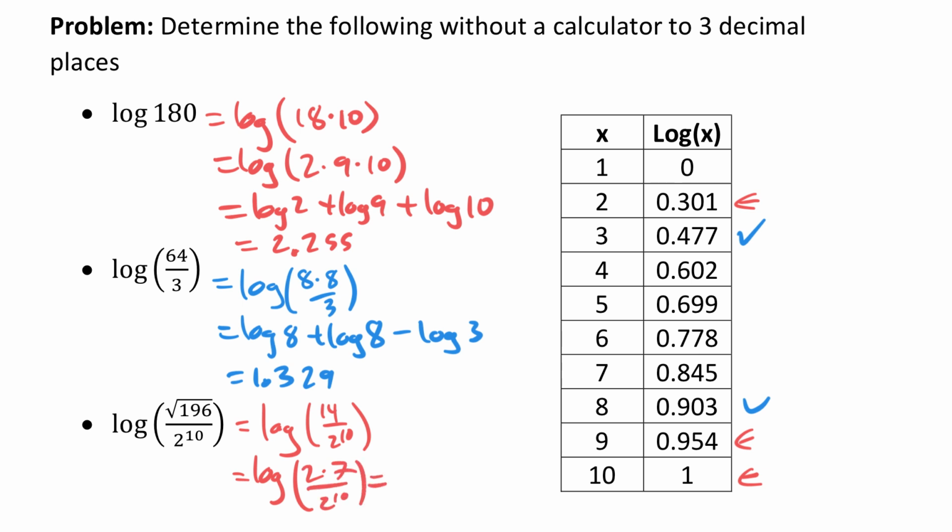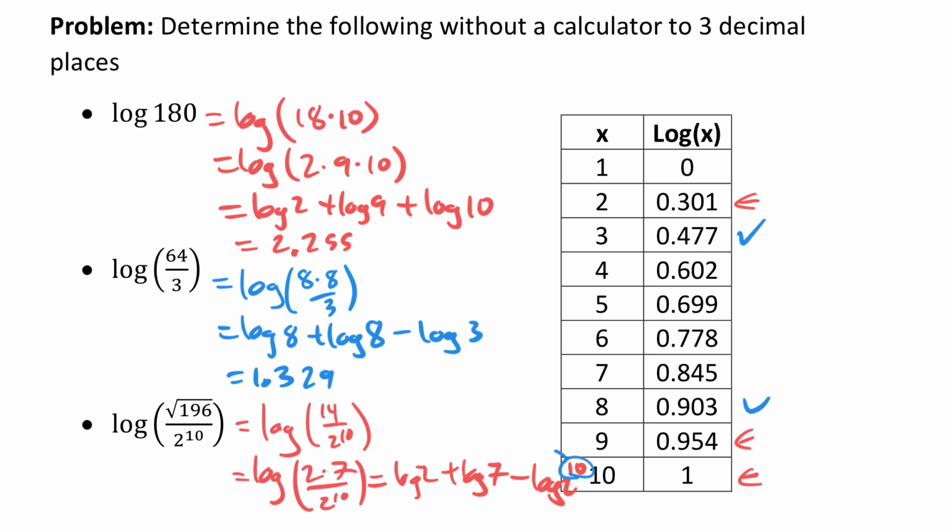And now this is where it gets a little tricky. We'll write log 2 plus log 7 minus log 2 to the 10. But the 2 to the 10 is not a number on the table. Log 2 is on the table, not 2 to the 10.